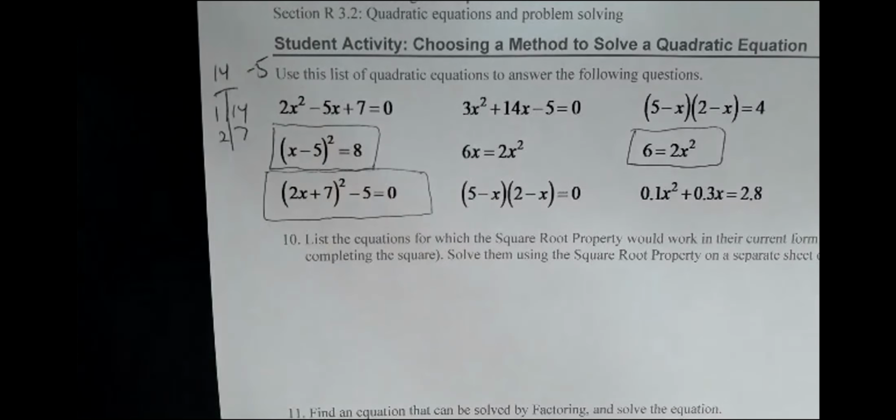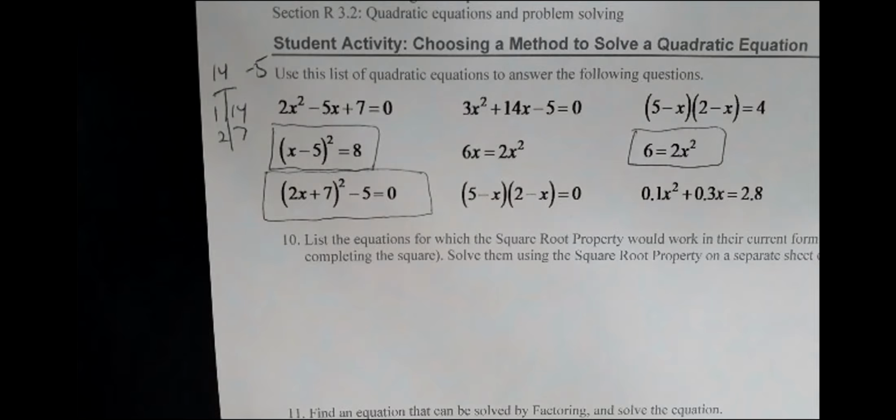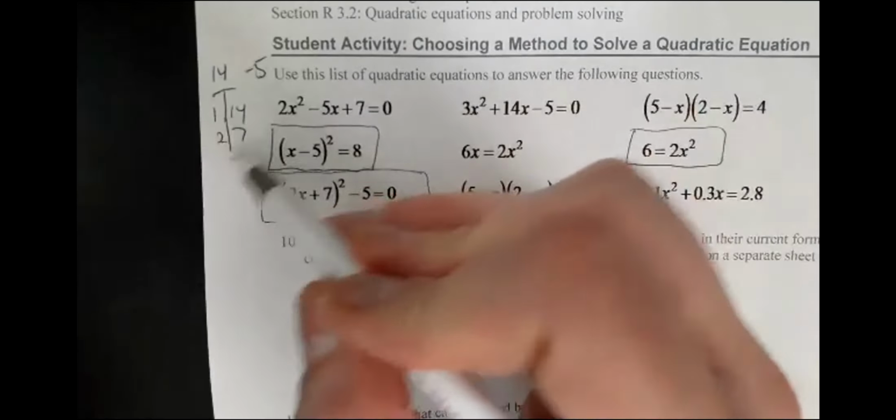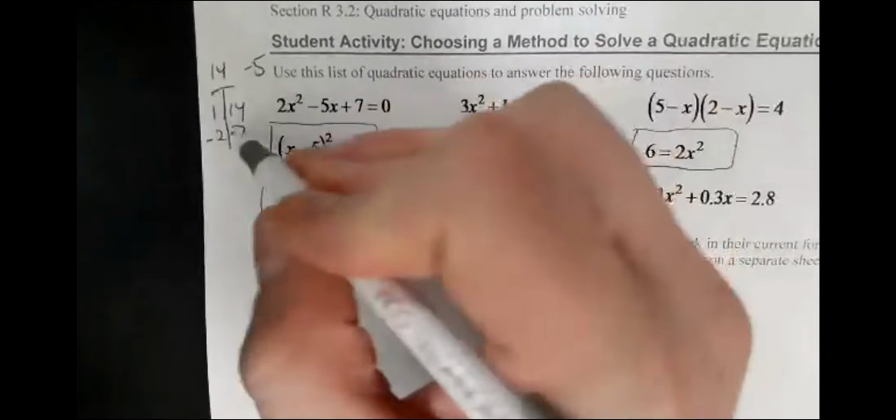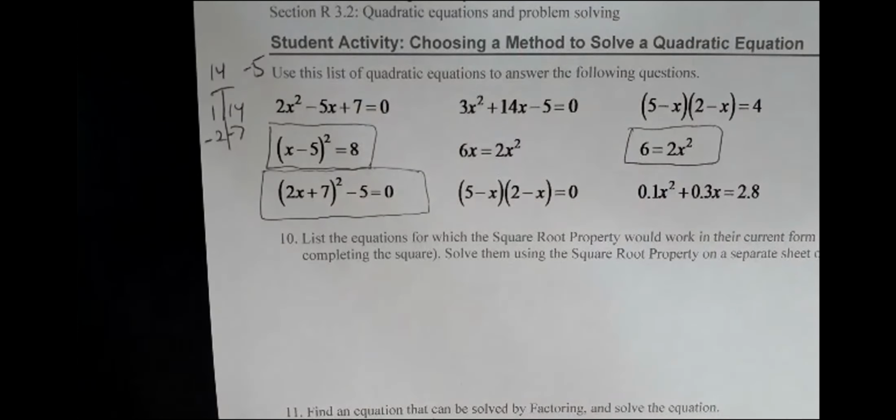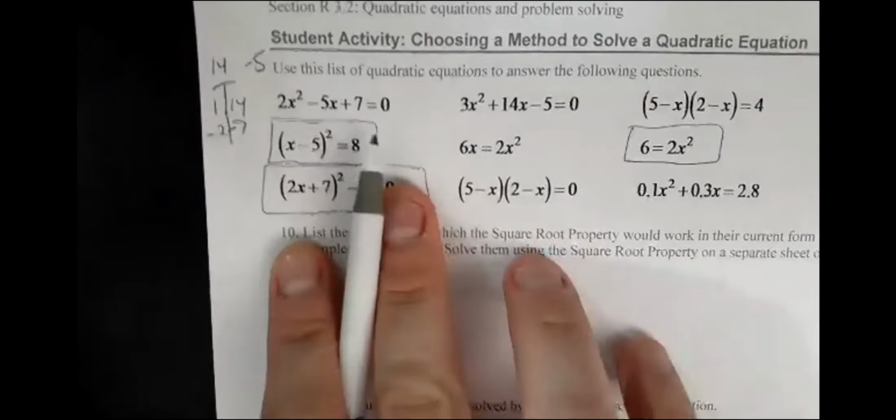Nope. If they're going to add to minus 5, but multiply to positive 14, you're thinking 2 and 7, but there's really no combination of positives or negatives that are going to make it add to minus 5. So right away, this one cannot be factored.